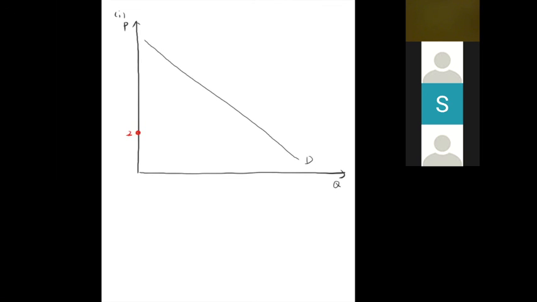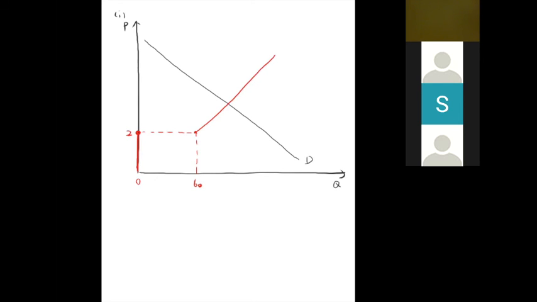lower than 2, the quantity produced will remain at 0. But if price rises to 2, that firm will start to supply, beginning at Q equals 60.